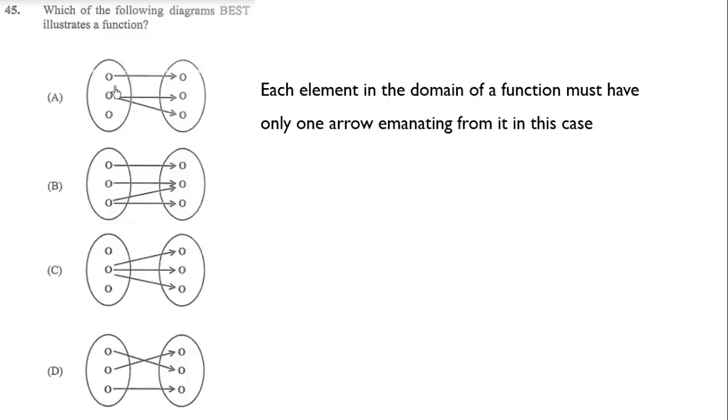Now you can see this one, we have two arrows coming out of only one. Disqualified. Three arrows coming out of only one element, disqualified. 1, 1, 1. So that will give you the correct choice.